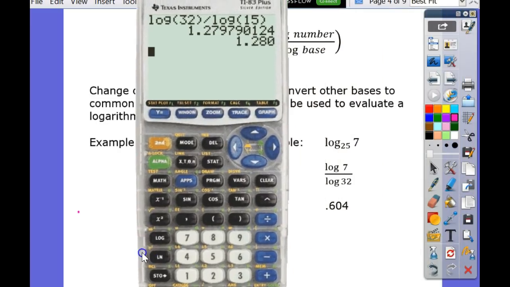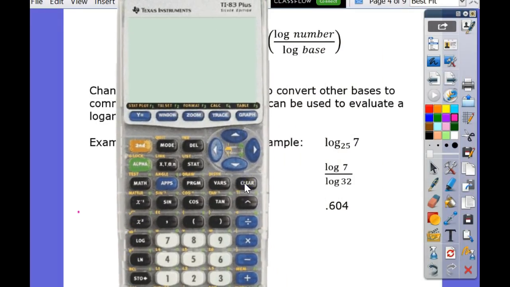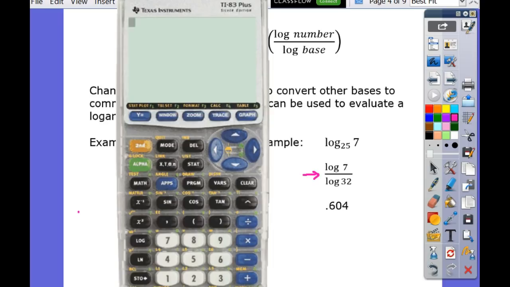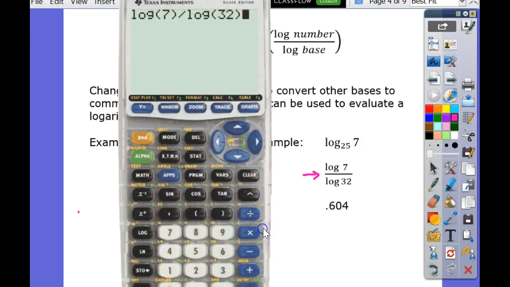Okay, on the next problem, log base 25 of 7. I can calculate that with my calculator by saying log of 7, close parentheses, divided by log of 32, close parentheses, and enter.